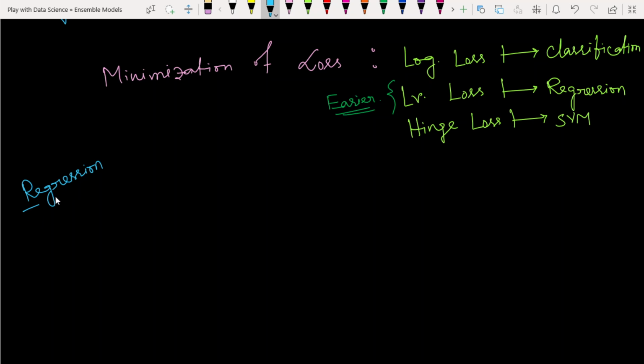If you understand the regression technique, the concept is easily extendable to classification as well. Here the linear loss means the square loss.